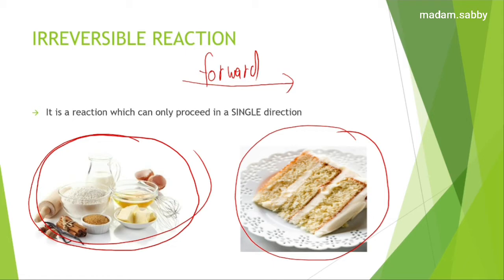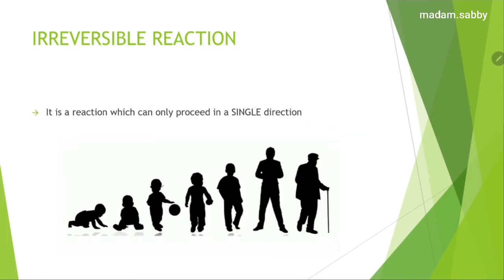Definitely no. So a cake cannot be converted to its original ingredients. That's why baking a cake is an example of an irreversible reaction. For an irreversible reaction, we will use a single-headed arrow.